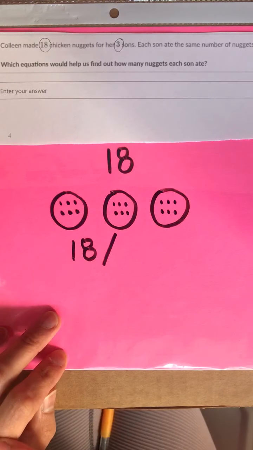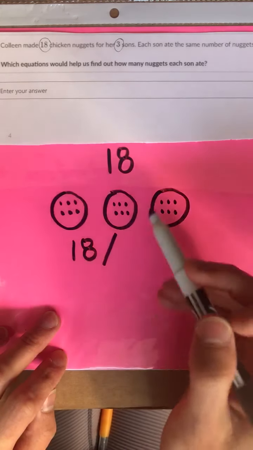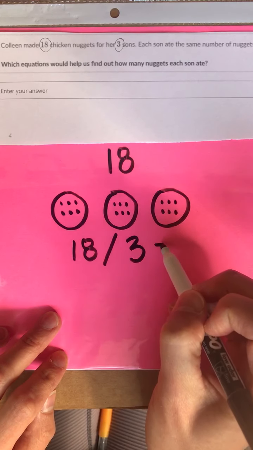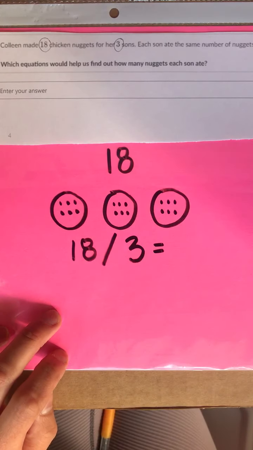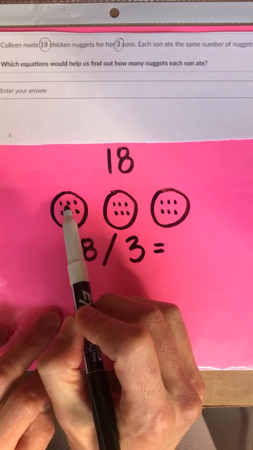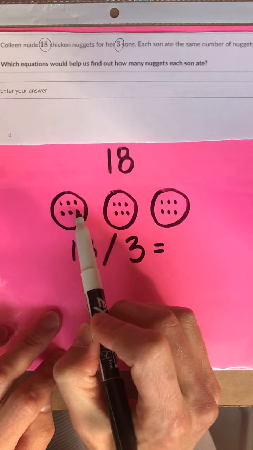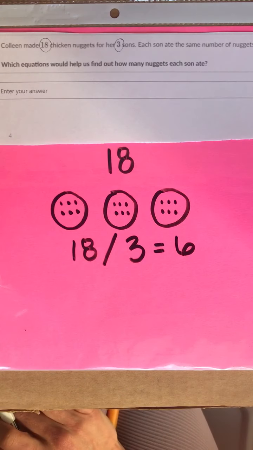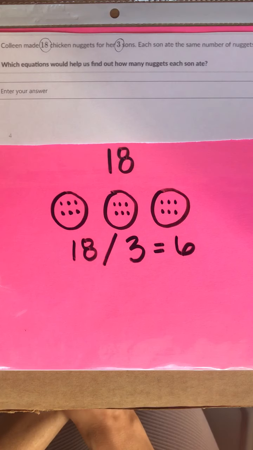What number did we know? That's right, we knew 3, right? We knew that Colleen had 3 sons. And what did that equal? How many nuggets did each son get? Let's take a look at our picture. 1, 2, 3, 4, 5, 6. Fantastic. Very good.